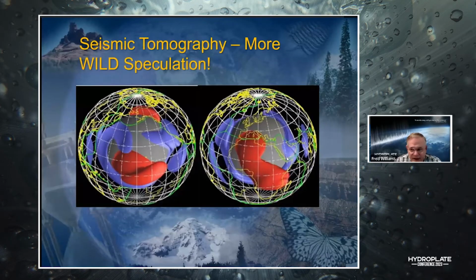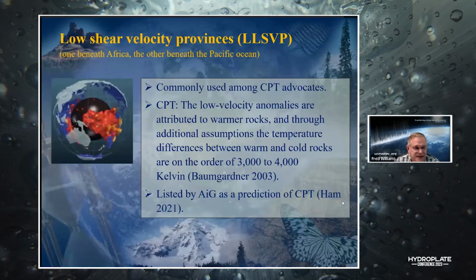This is where you get into even more wild speculation. This image was used by Baumgardner in several papers that he's published, either through ICC or some of the creation journals. And this is a very coarse view of some sort of blob underneath the surface of the Earth. And so CPT noted that the low velocity anomalies are attributed to warmer rocks.